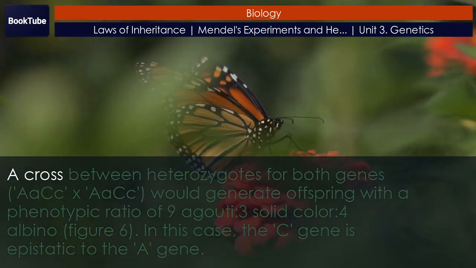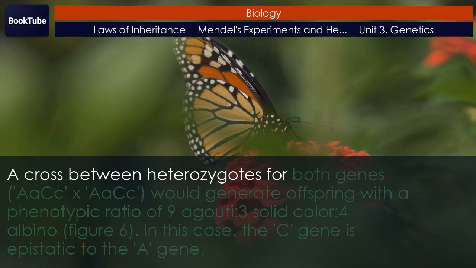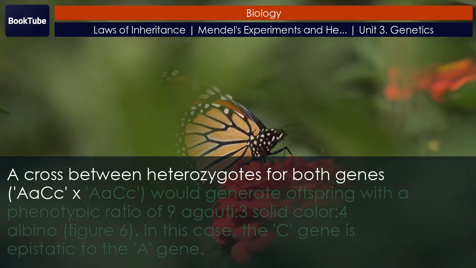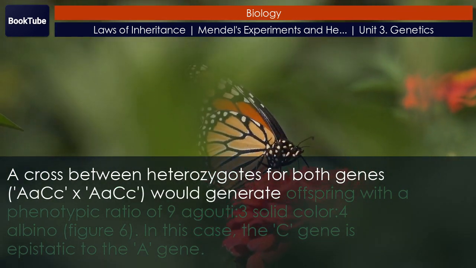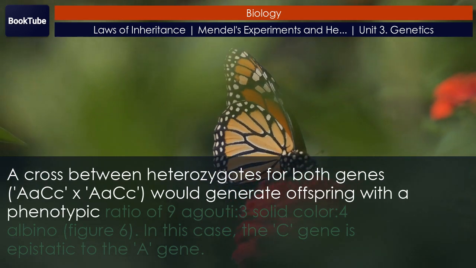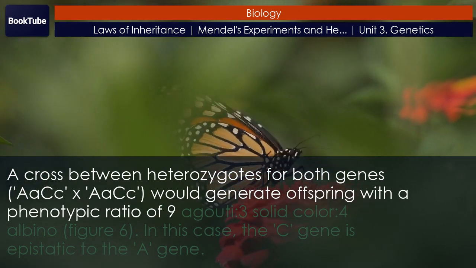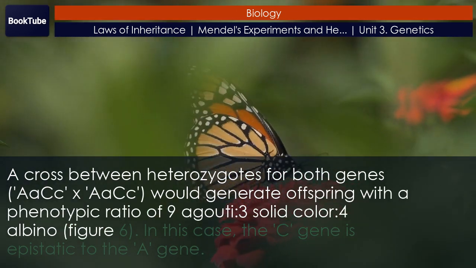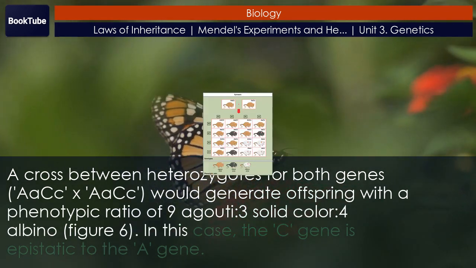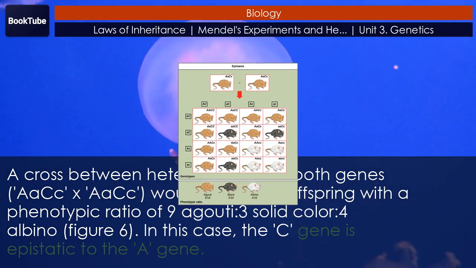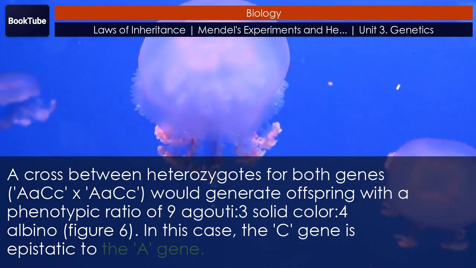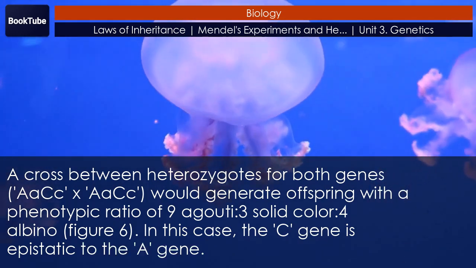A cross between heterozygotes for both genes, AaCc x AaCc, would generate offspring with a phenotypic ratio of 9 agouti, 3 solid color, 4 albino. In this case, the C gene is epistatic to the A gene.